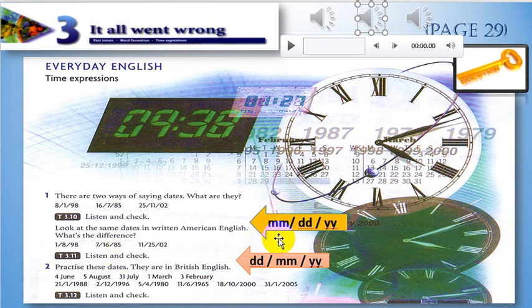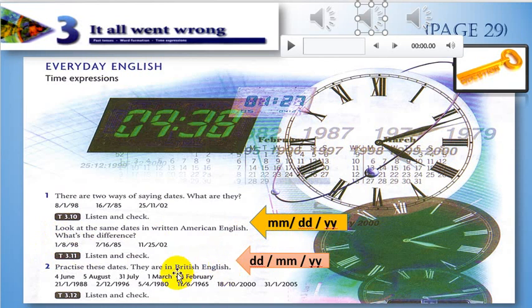Even you find them written in this way, MMDDYY. So, whenever you know that you are reading or writing American English, you know that you should write the month first, no matter what the number is, okay? Then the day, then the year.